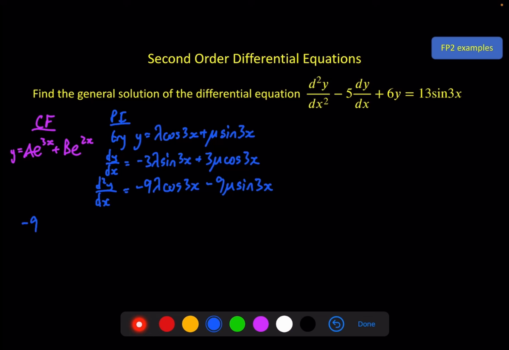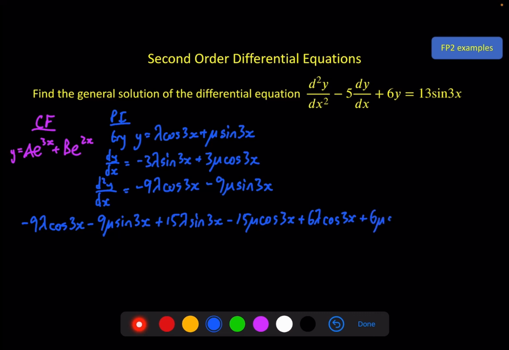That gives us minus 9λ cosine 3x minus 9μ sine 3x. And then just be careful, we've got minus 5 lots of this, so that's plus 15λ sine 3x minus 15μ cosine 3x, and 6 lots of the original particular integral, so that's 6λ cos 3x plus 6μ sine 3x, and all of that has to equal 13 sine 3x, and obviously 0 cosine 3x.